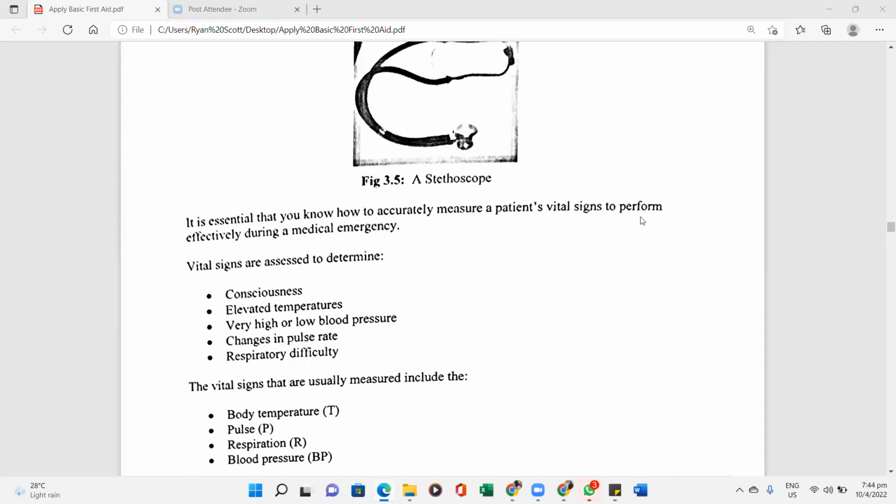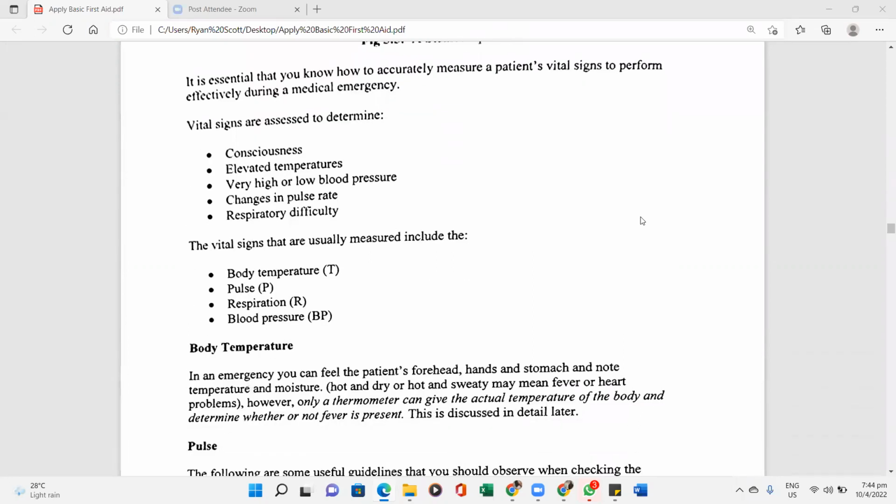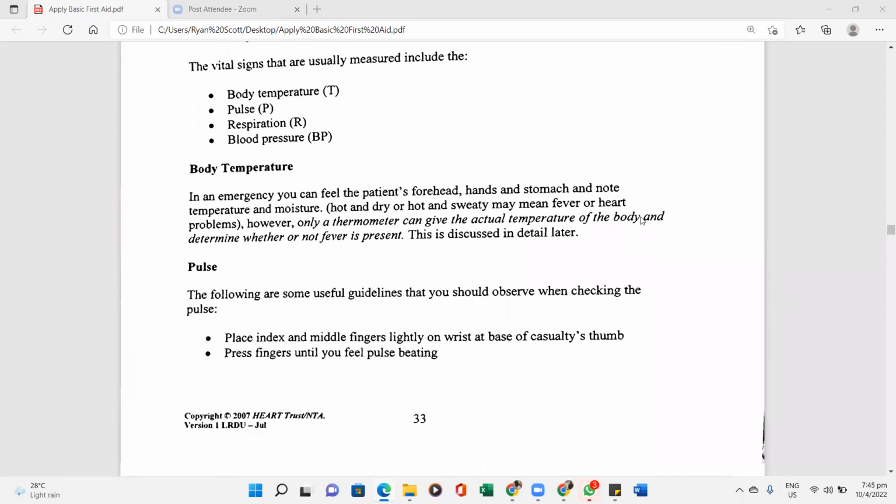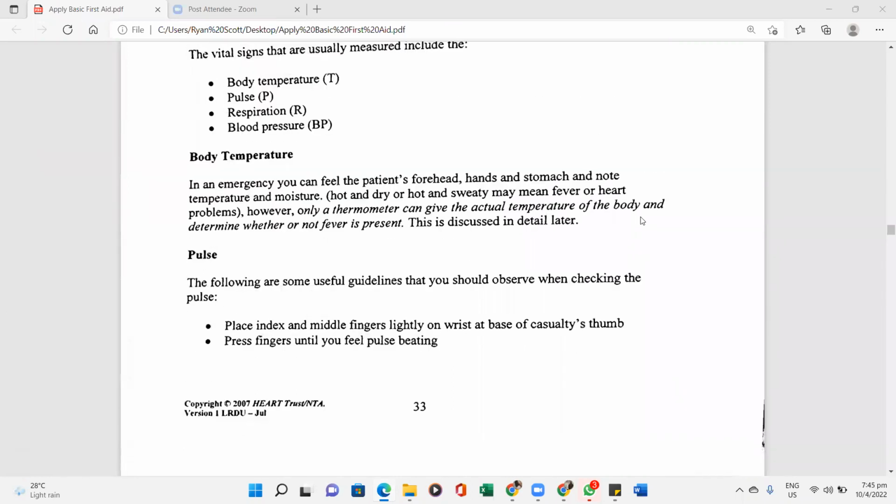And then the vital signs usually measured include, scroll down, body temperature, pulse, respiration, and blood pressure. Those are the things that we want you to focus on. Body temperature, pulse, respiration, blood pressure.